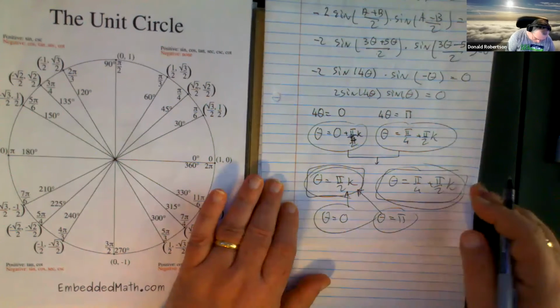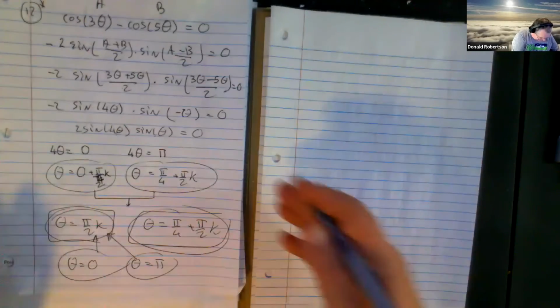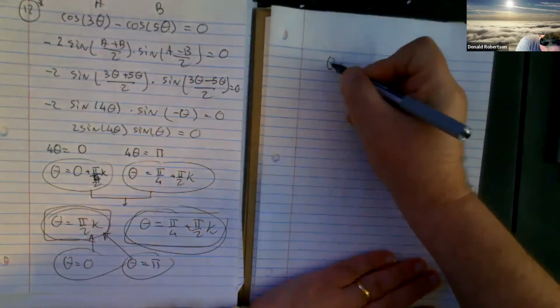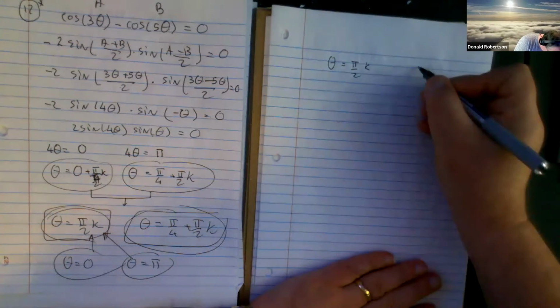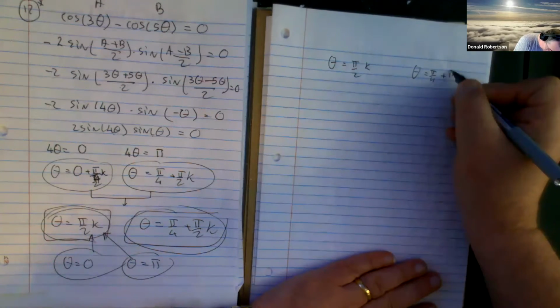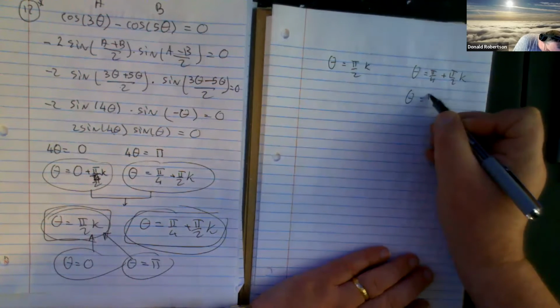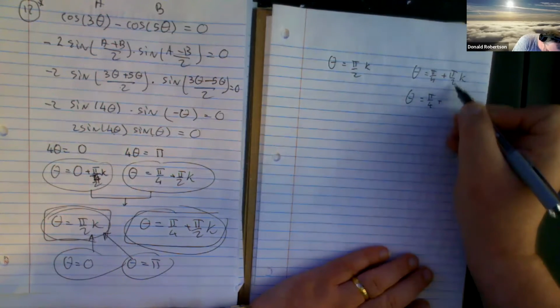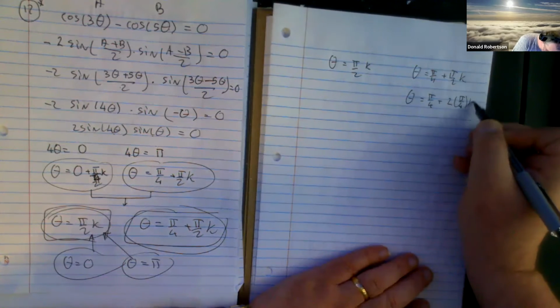Oh, I know how they did it. Okay, here goes. Theta is pi upon 2k, and theta is pi upon 4 plus pi upon 2k. This guy is 2 lots of pi upon 4k.